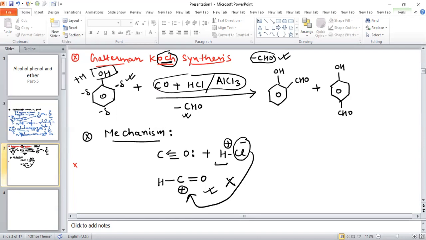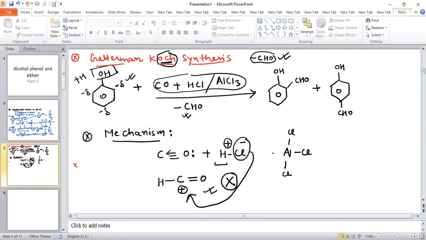To remove this Cl, we use anhydrous AlCl3. If anhydrous AlCl3 is not used, then this Cl minus will also attack on the electrophile, so another product is obtained.